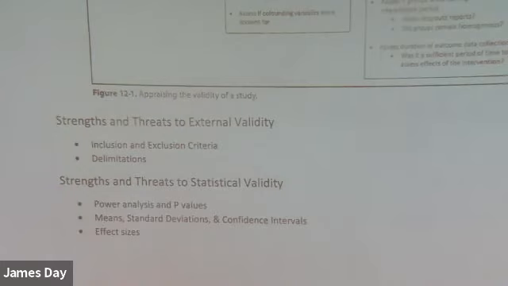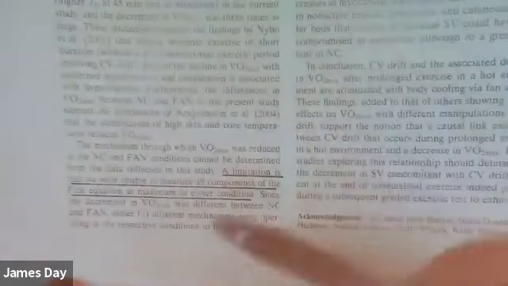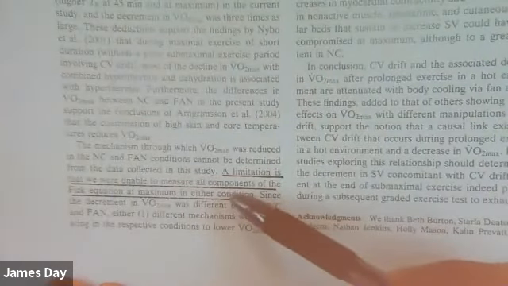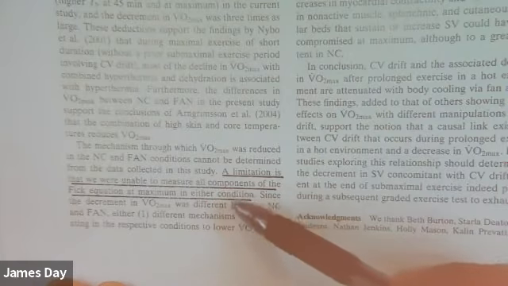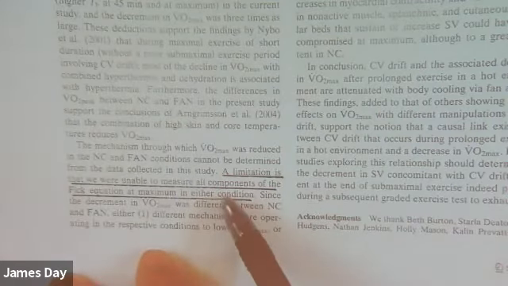Like if this study only did the physiology part, a threat to external validity would be, do the physiological changes affect performance? The one thing I did write down, and this is more of a limitation than a delimitation, the difference is not really important and the terms get used interchangeably, is that they weren't able to measure all of the components of cardiac output.